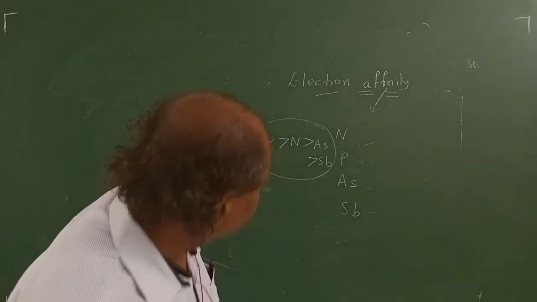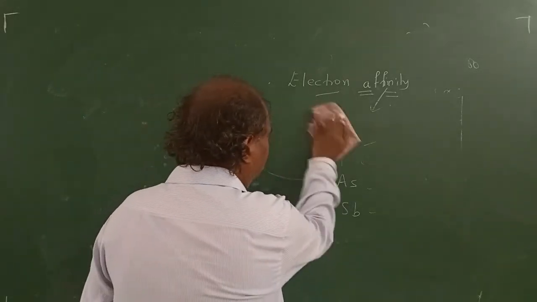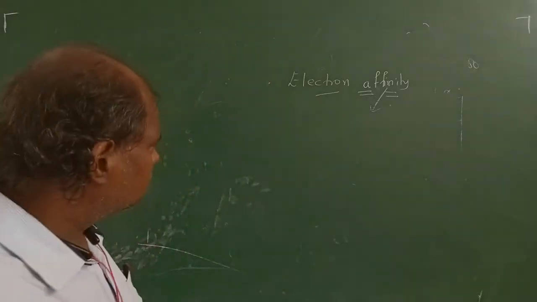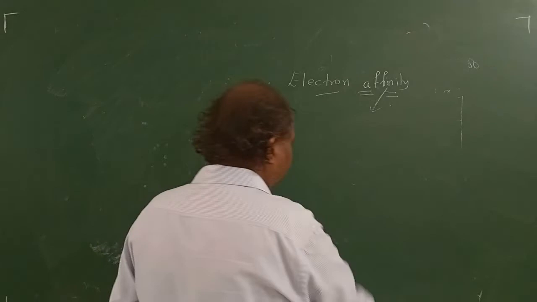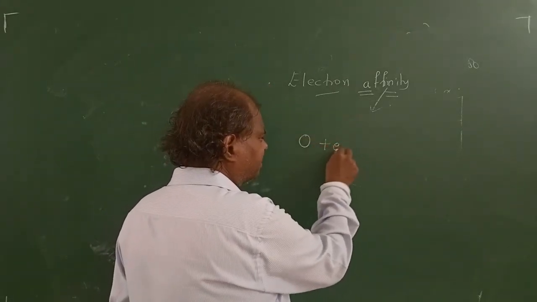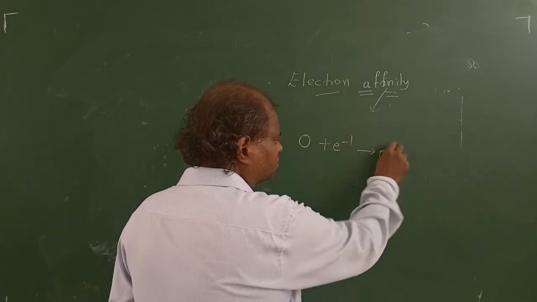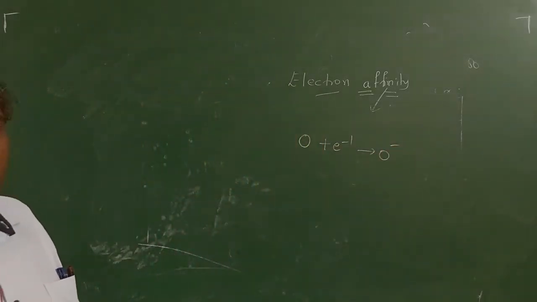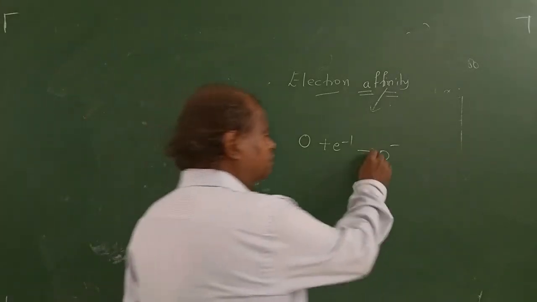Now, how do they ask questions in the exam? Before I come to the questions, actually, oxygen, you add one electron, it will become O minus. Now here, energy will be released.